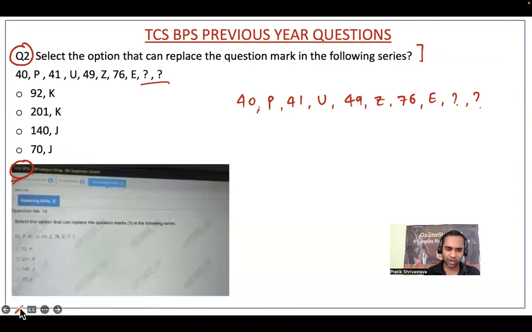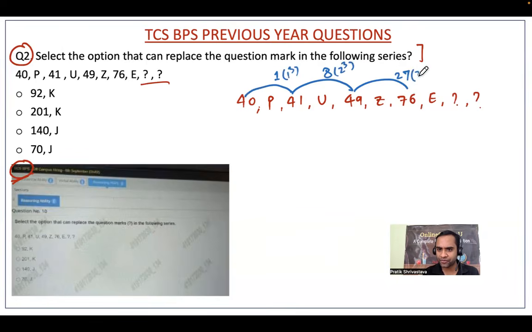If we talk about the numbers, let us see what is happening with them. The differences are 1, 8, 27. That means we have 1 cube, 2 cube, 3 cube. So the next difference will be 4 cube, right? So 4 cube will be 64.